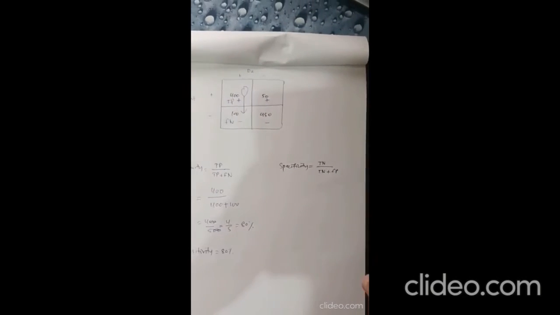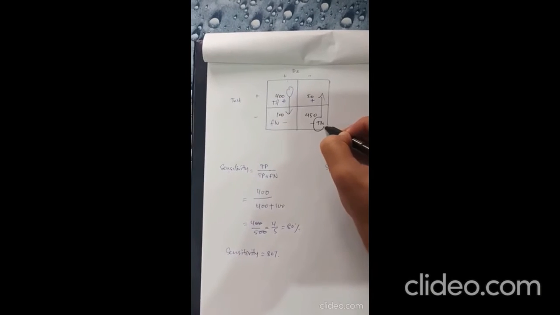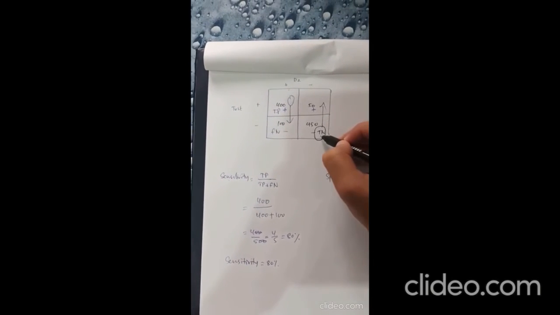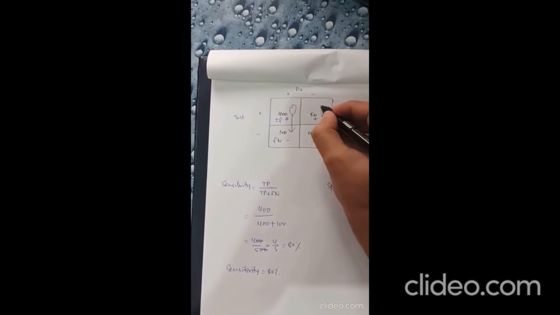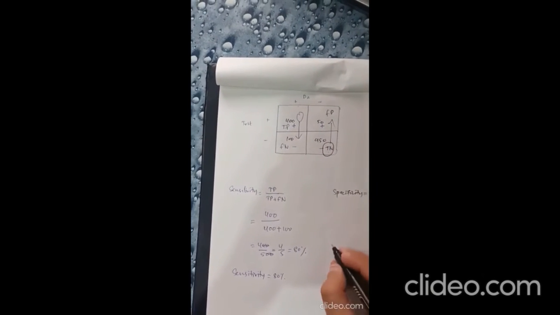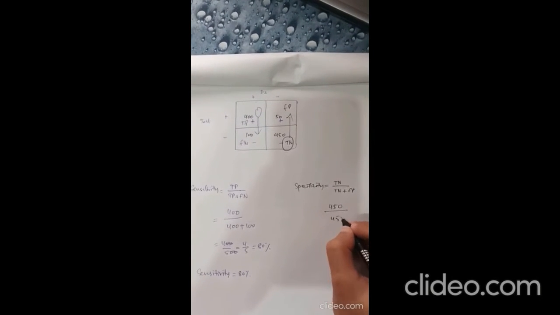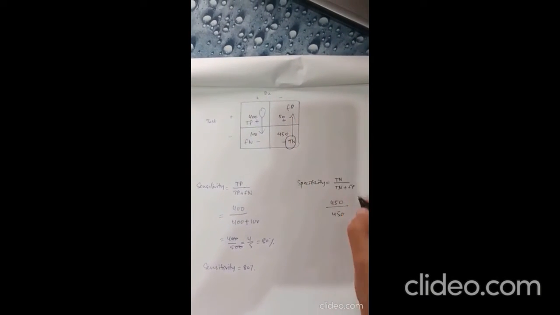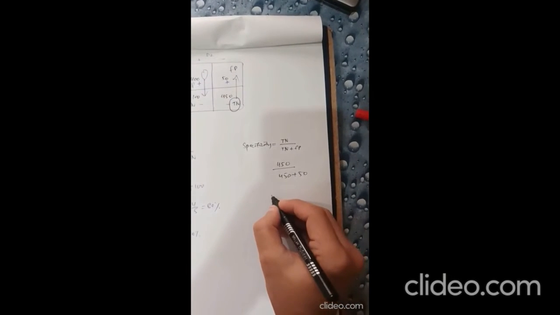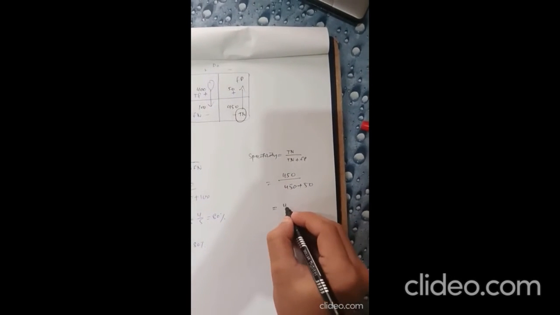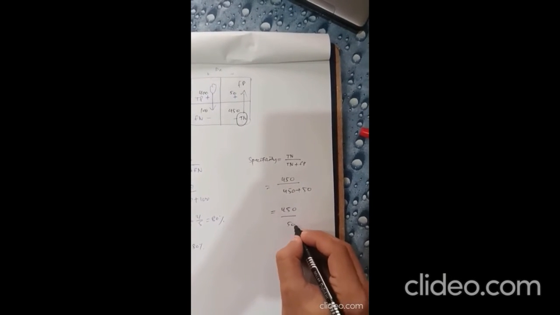Now in order to calculate specificity, as we have learned, we will go from here up. Negative and negative is true negative, positive and negative is false positive. So we will calculate it like 450 upon 450 plus 50, so specificity will be equal to 450 upon 500.